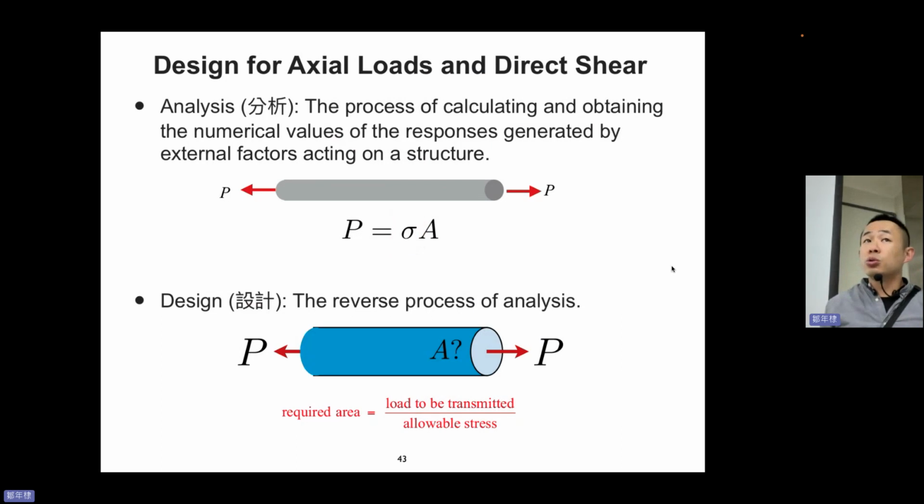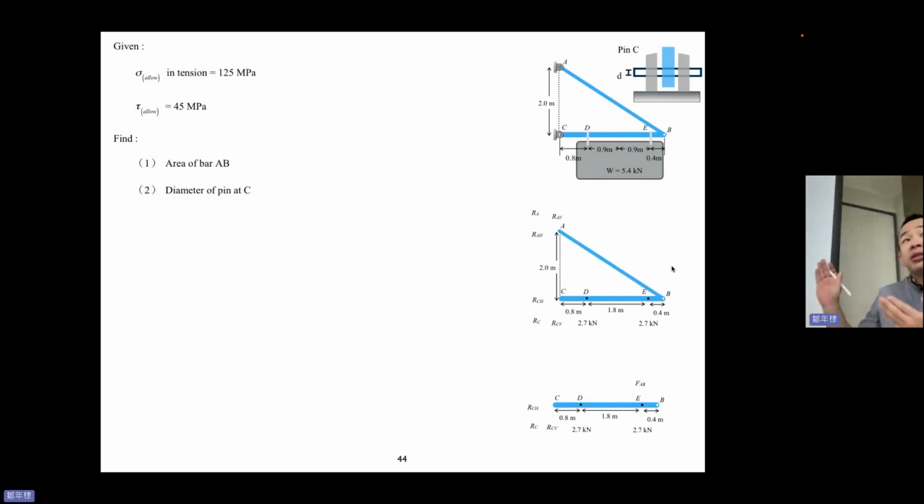So all we need to do is determine how large the area should be. So area is what we're going to learn to design in our daily life. Typically P is known, and the only unknown is area. So this is actually the real daily life problem.